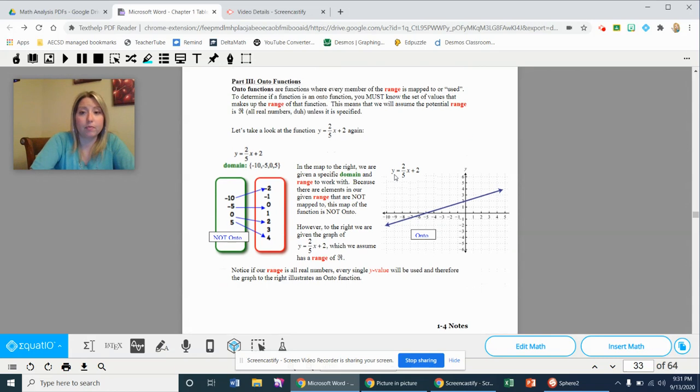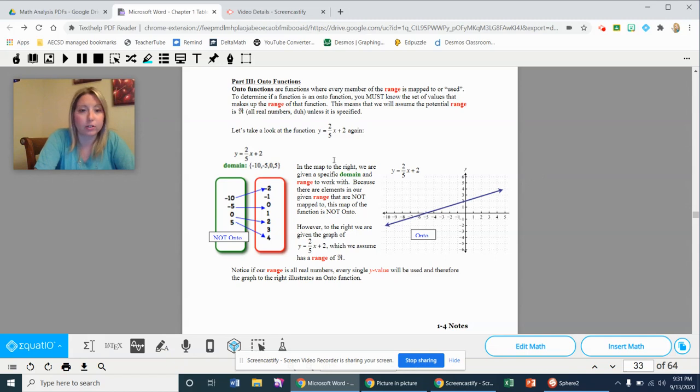Onto is funky. And the reason I say that is because onto requires your entire range be used. So onto requires you even know the range in the first place. All right. If you're talking about on a graph, you assume that your range is everything there. Okay. So you would call things one to one. How about onto? You would call things onto, right? All right. So that's onto because I'm covering the whole range.